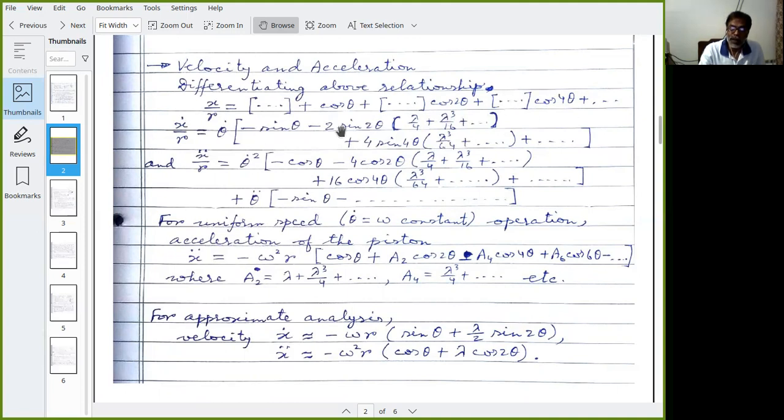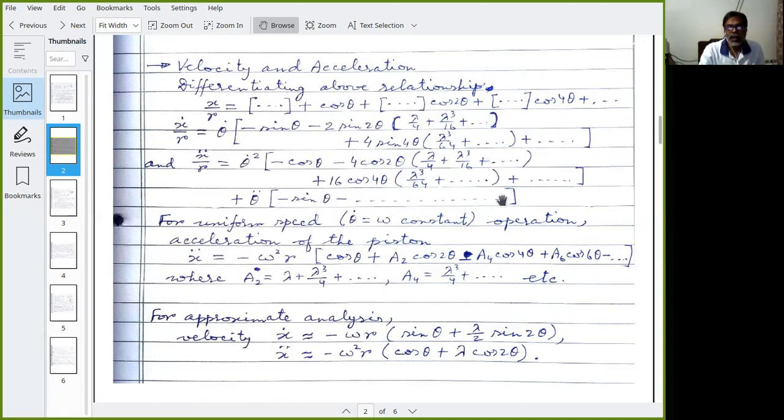This whole thing is the derivative with respect to theta. So for the time derivative, you multiply that with theta dot. Then when you differentiate this, you get theta dot times the derivative of this, which is here, into another theta dot, plus theta double dot into this whole thing.